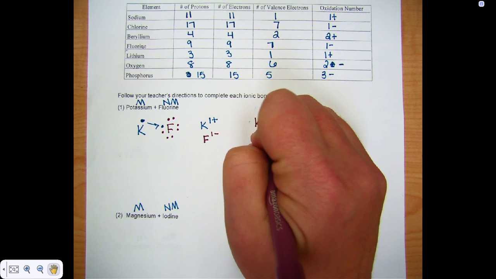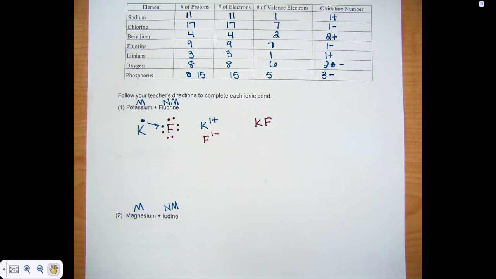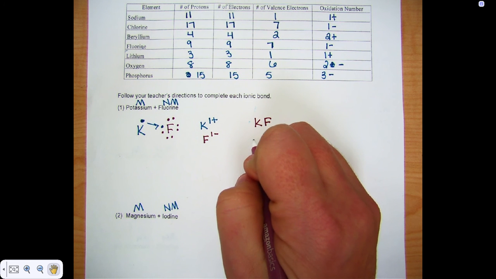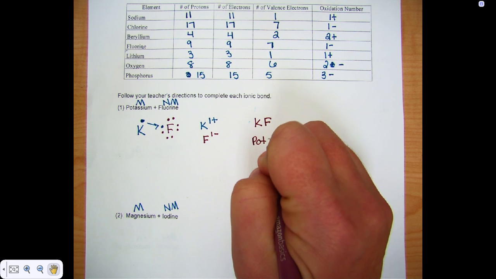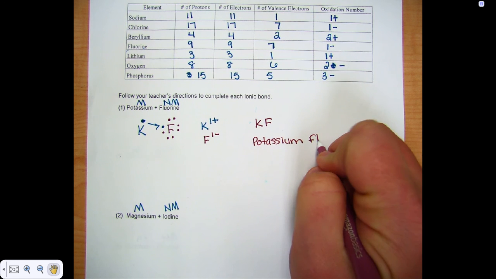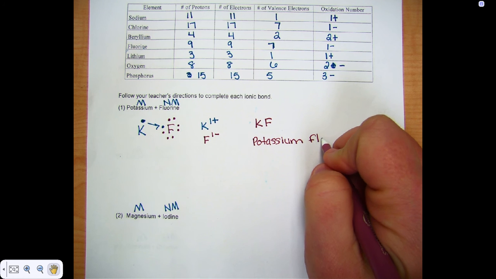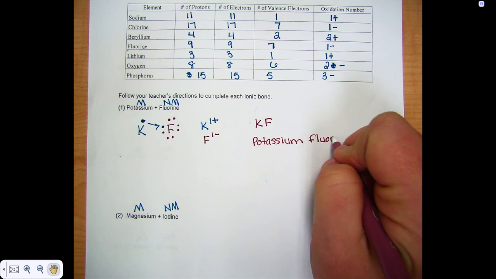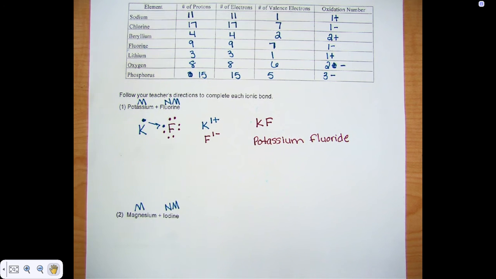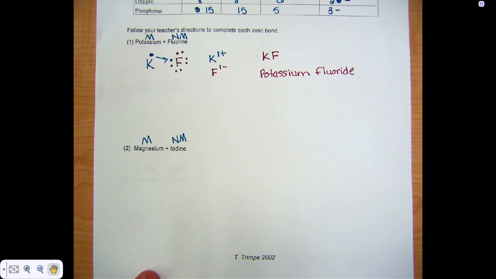I write the formula, which is KF. And remember, I name it by saying my metal, which is potassium, and then my non-metal, and add "ide." So that's potassium fluoride.